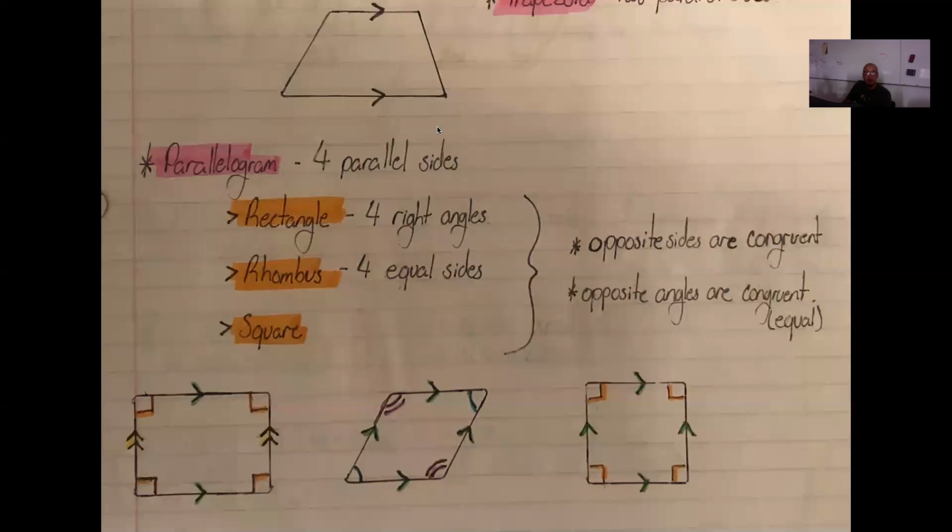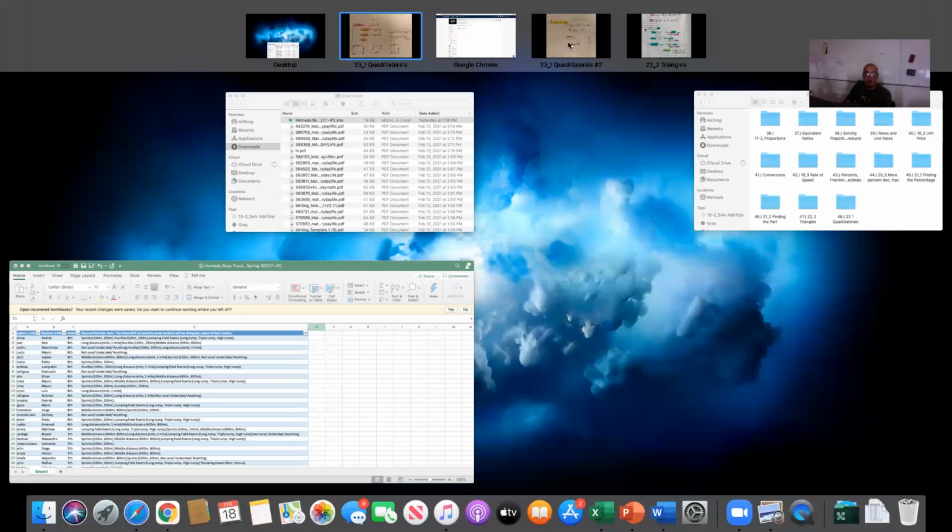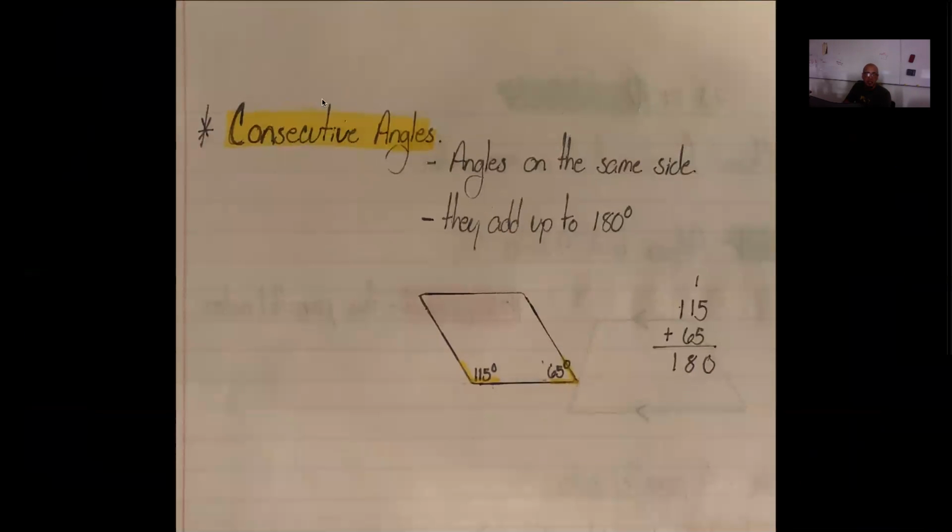Awesome. The last thing that I want you to see about parallelograms is consecutive angles. Again, I encourage you to pause this as you go. However, this applies only to parallelograms.